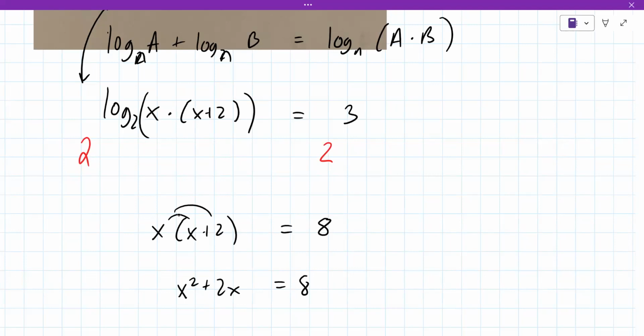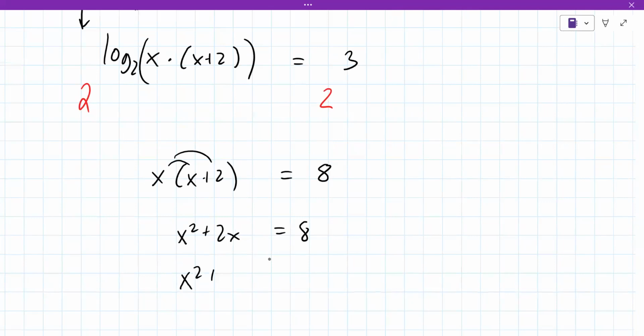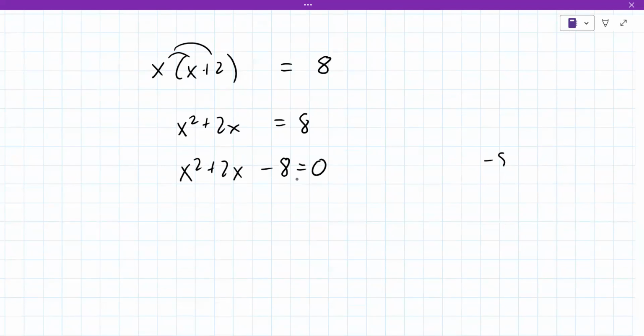Okay, got it. And then you have to solve this still. So you move the 8 over: x squared plus 2x minus 8 equals 0. And then you have to factor. So you have to find two numbers that multiply to -8 but add to +2.